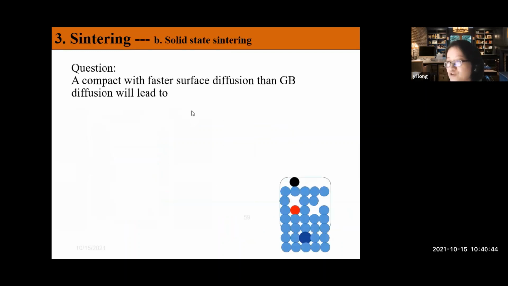Now my next question. A compact with a faster surface diffusion, where surface diffusion happens faster than green boundary diffusion, will lead to densification or coarsening? Can you type your answer?